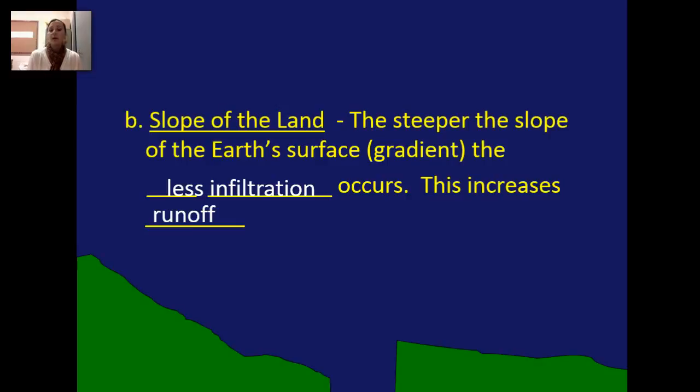So we will say that runoff will increase. In a gentle slope, we can have infiltration. Steep slope, no infiltration. Water will run off of a steep slope, but infiltrate into a gentle slope. Less runoff occurs on a gentle slope.